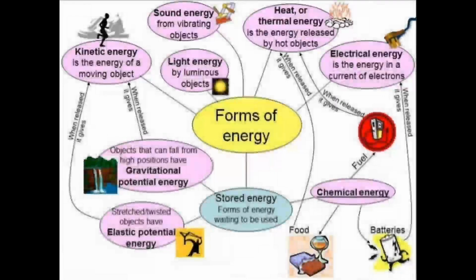Now we talk about forms of energy. We have various forms of energy. Remember from the onset I said that we have two forms, where we have the potential energy, which is energy at a fixed point, and kinetic energy. We also have various forms of energy.